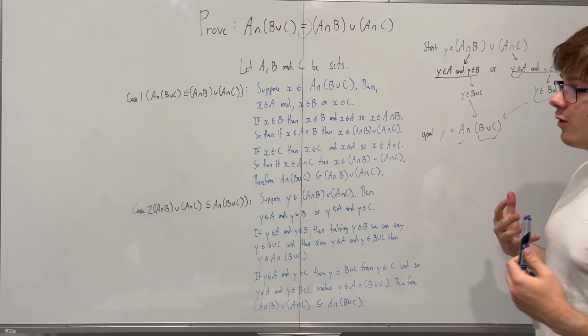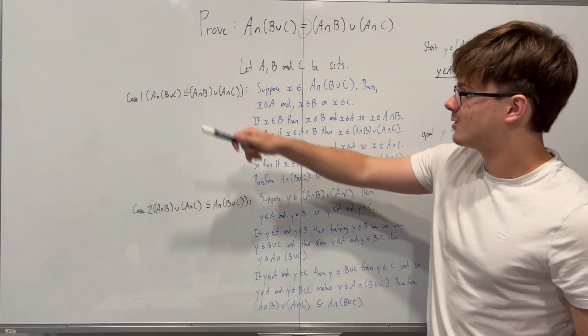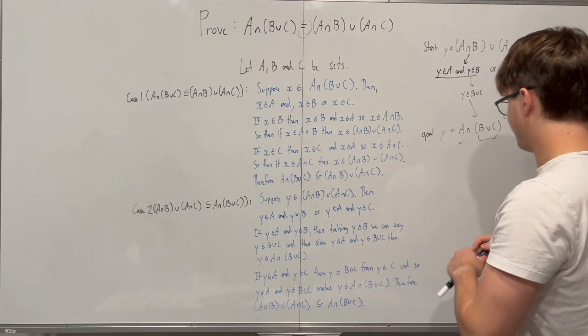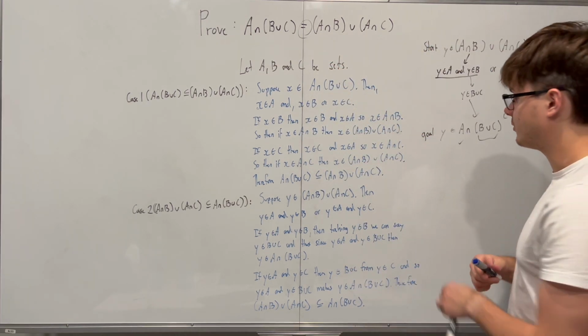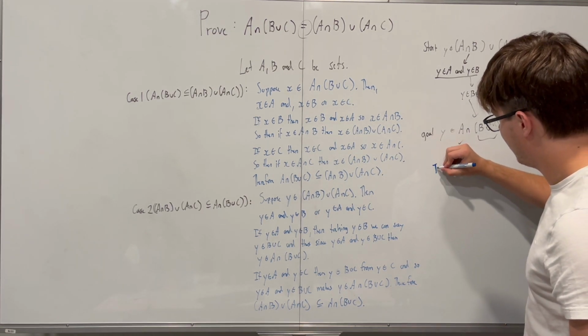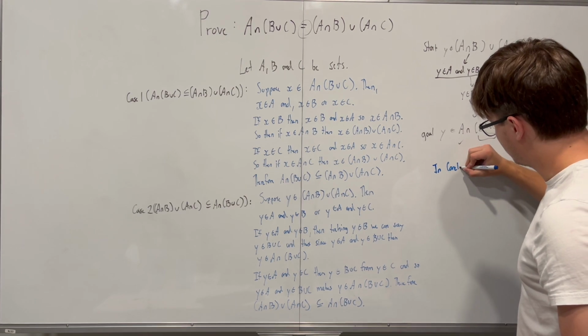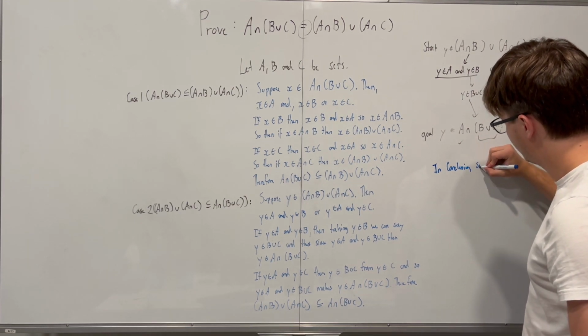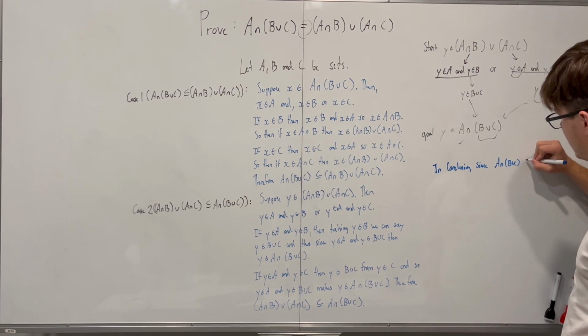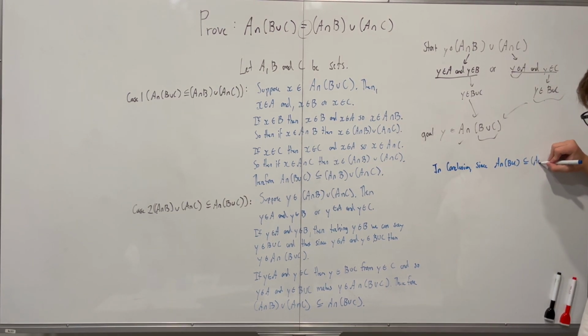Now we just need to write our brief conclusion saying that since this is true and that is true, that means this is true. So let me go ahead and make some space to do that. Actually, no, I'll just write that over here. Maybe I'll use this marker instead. Hopefully it'll be nicer. So we can say, in conclusion, since A intersect with B union C is a subset of A intersect B union A intersect with C, is it union?